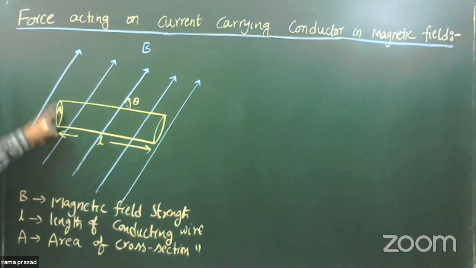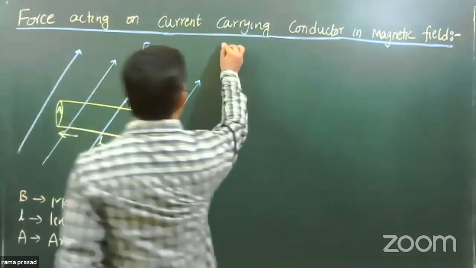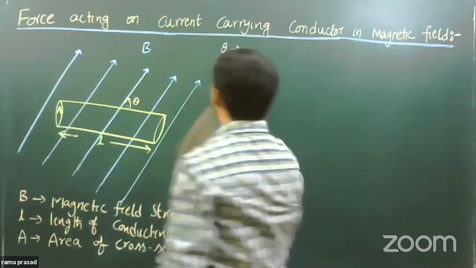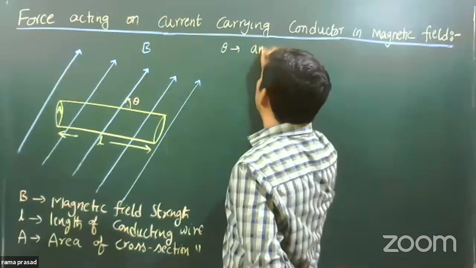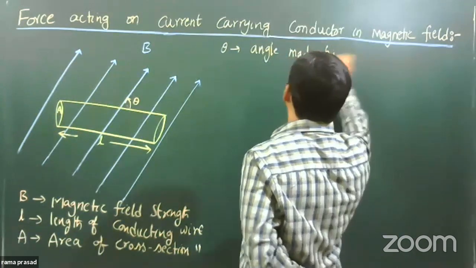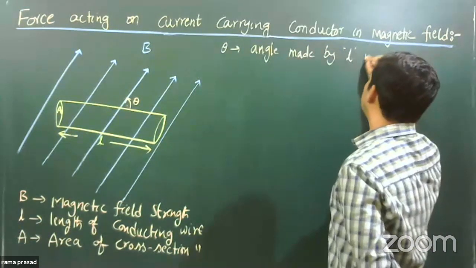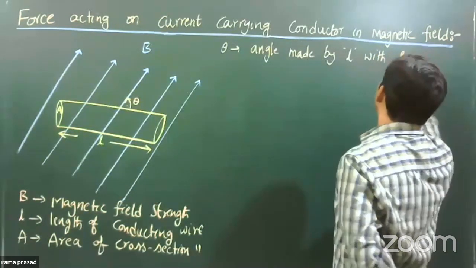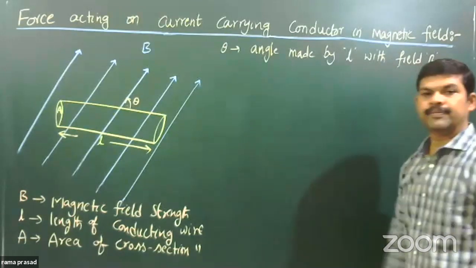This conducting wire is placed in this magnetic field. Let theta be the angle made by L, the length of the wire, with field B.